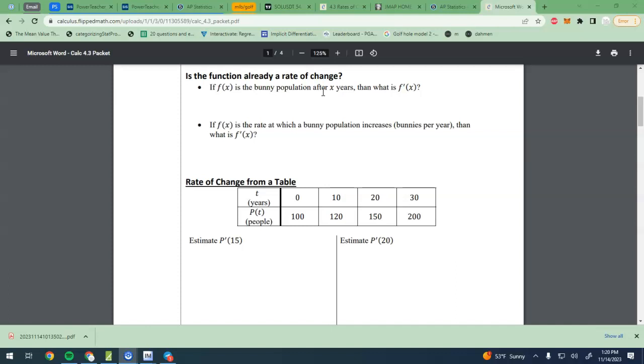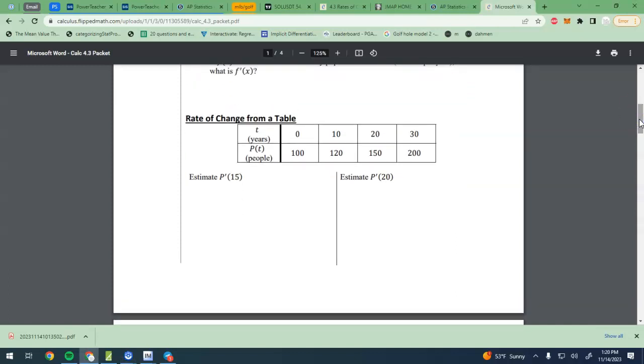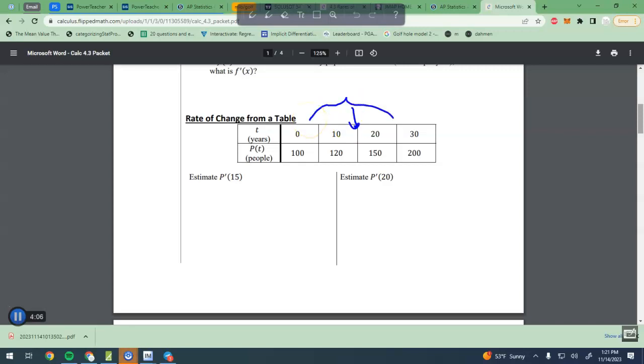P prime of 15, so estimating slope, there's 4 different ways you can do this. You only need to know one. 15 is right in the middle. I don't know what the values are at 11, 12, 13, 14. The best I can do to estimate the slope at 15 is to find the slope between the 2 points on either side of it. So it would be 150 minus 120 over 20 minus 10.